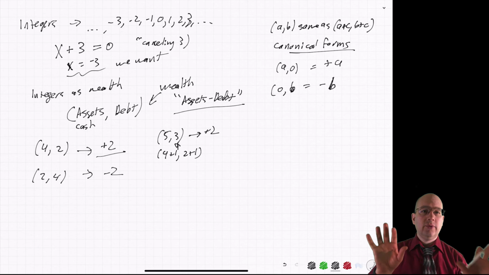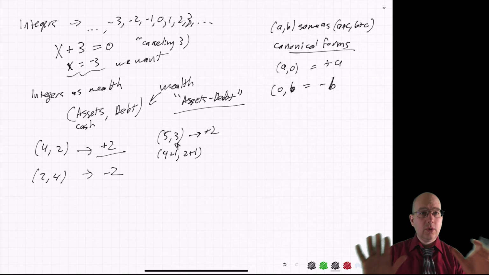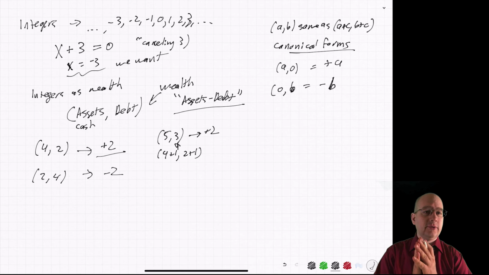So if you're merging two people's wealths together, you add up all their assets, you add up all their debts. If you want to multiply them, it gets a little bit more complicated. You can figure it out. It's fine. I'm not going to get distracted by that right now.